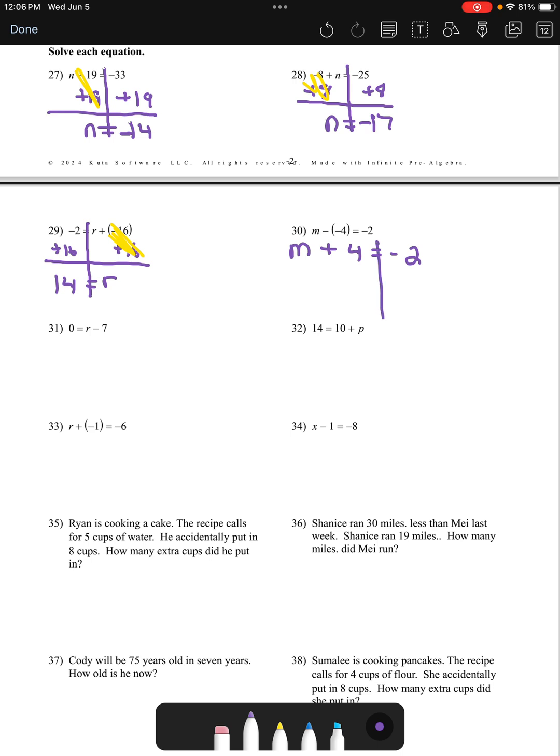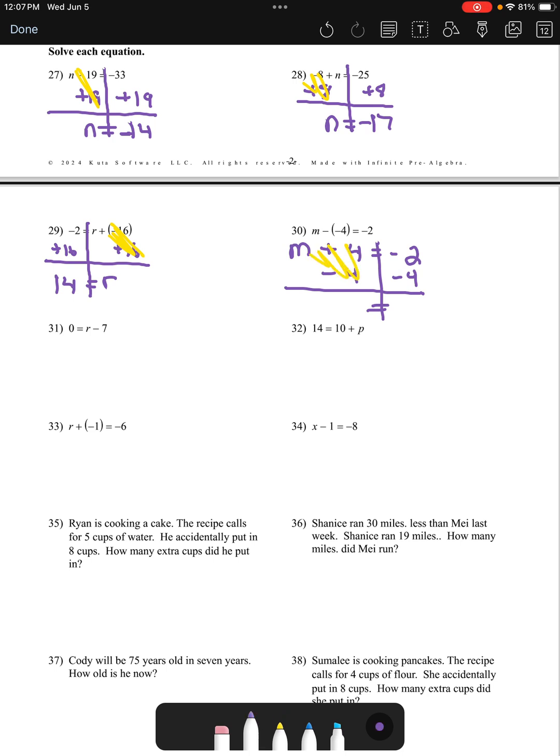Now, we have our equation. We need to know what to do. So what's hanging out with m? It is a plus 4. How am I going to cancel out a plus 4? With a negative 4. And whatever I have to put onto one side of the equation, I must put onto the other. So if I put a negative 4 with the left side, I've got to put a negative 4 with the right side.